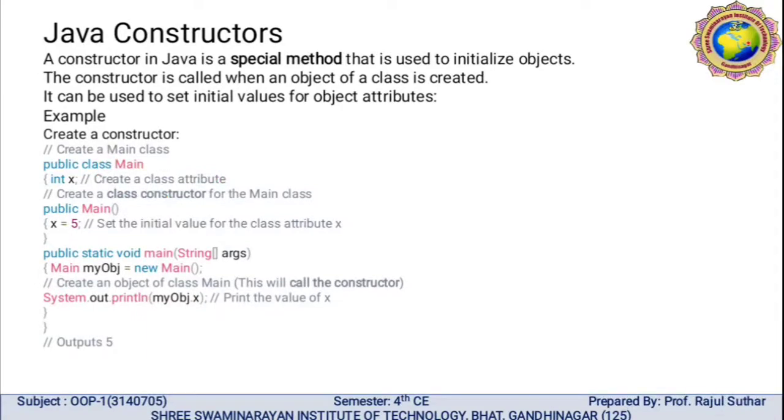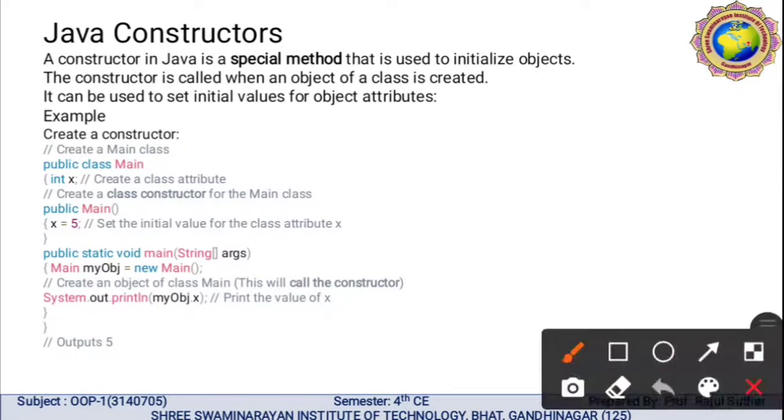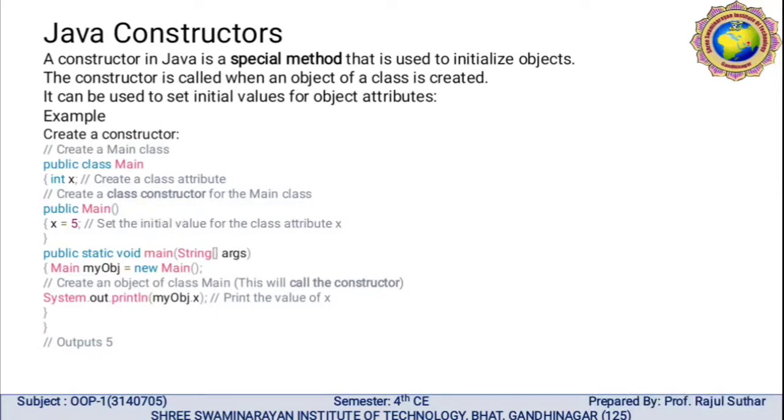Then we create a class constructor for the Main class, so we require public Main. Then again set the initial value for the class attribute x. So x is equal to 5, that is called the initial value. Then public static void main, String args.